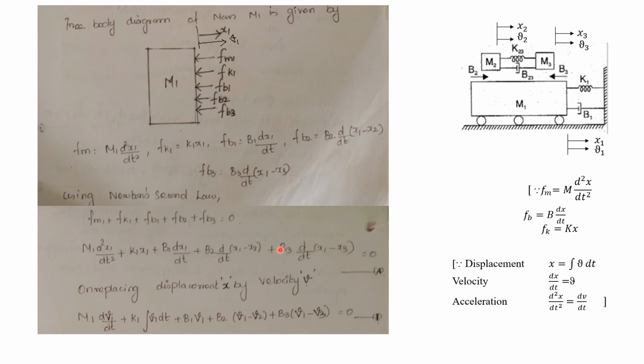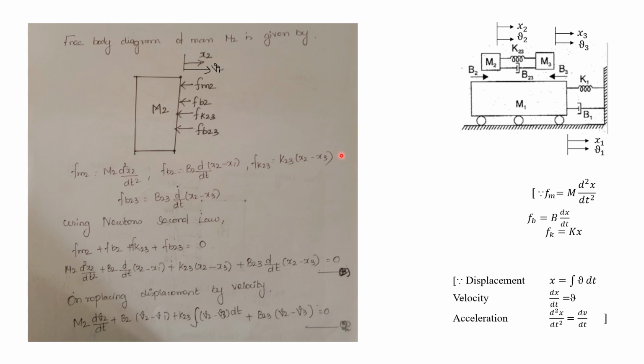Then the last term is b3 into dx1 divided by dt, that is nothing but v1 in terms of velocity, minus dx3 divided by dt, that is nothing but v3 in terms of velocity. That is equal to 0. So now we have to mark this as equation number 1. So similar to this mass m1, for mass m2 and m3 also we have to draw the free body diagram and we have to obtain the equations.